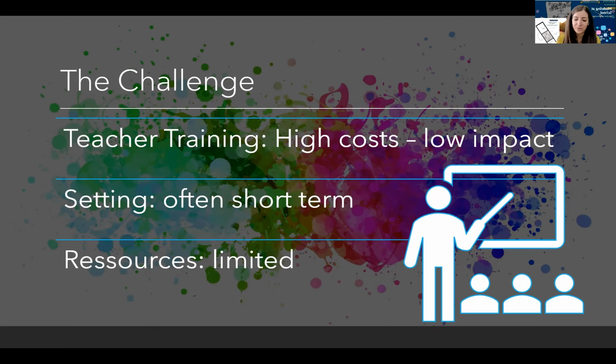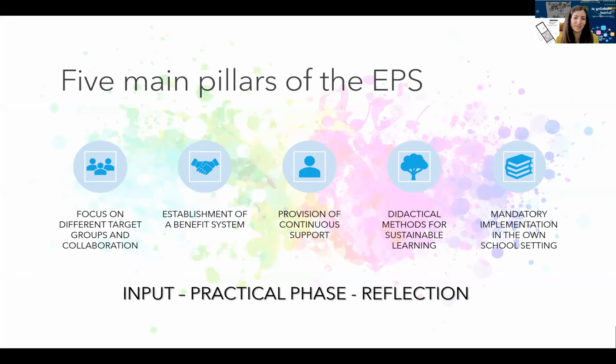Now I want to show you the pyramid scheme in detail. The educational pyramid scheme consists of 5 main pillars. The first and very important one is that we do not only focus on teachers in our training sessions, we also focus on pupils and students in the teacher training program.